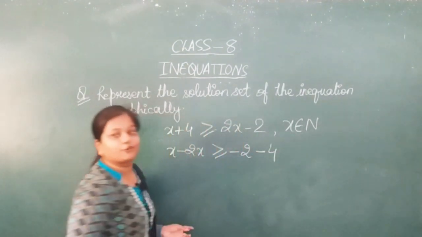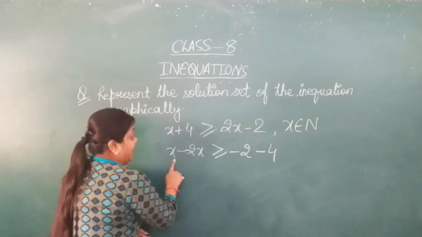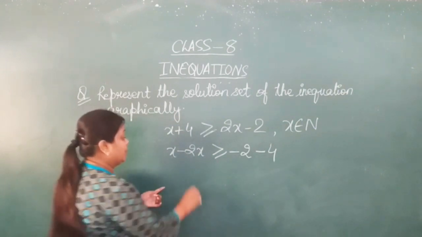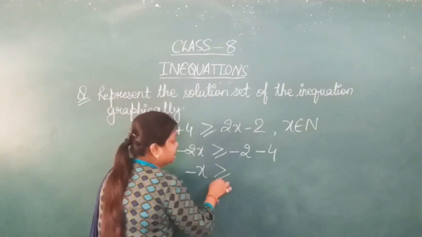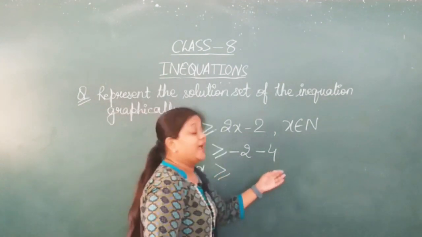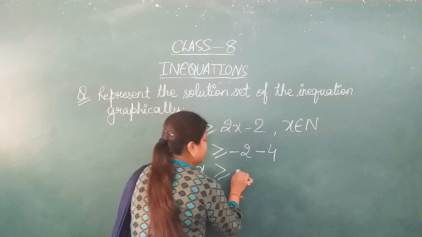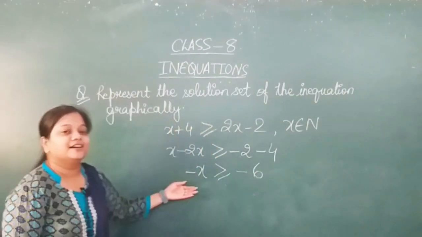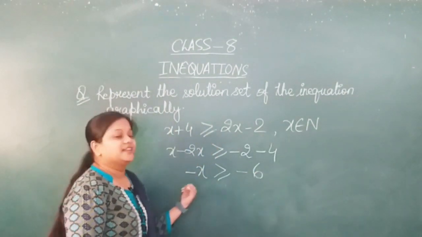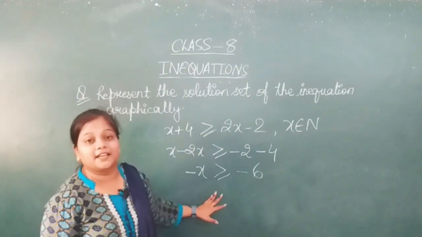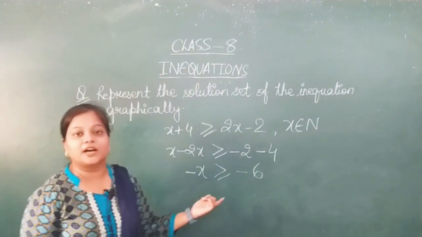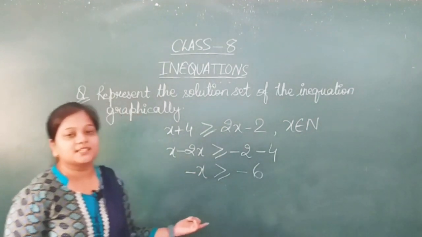Now x and minus 2x will give minus x and greater than and equal to minus 2 and minus 4 will give minus 6. Here x is given with negative sign. Firstly we have to change it to the positive sign, so we will multiply negative 1 on both the sides of this inequation.